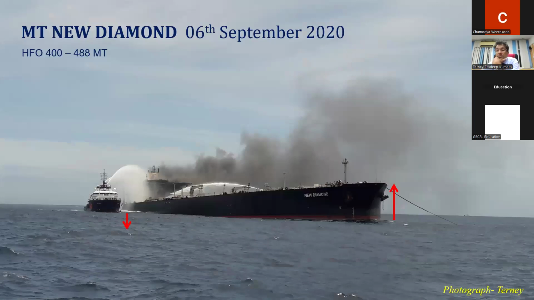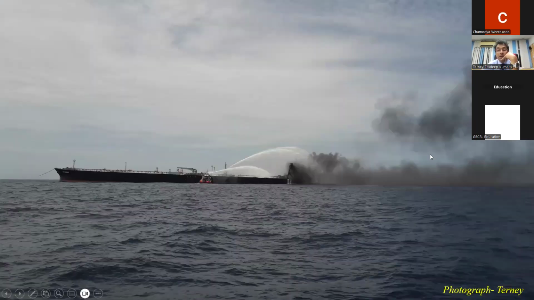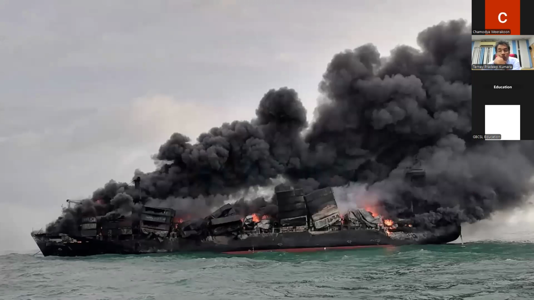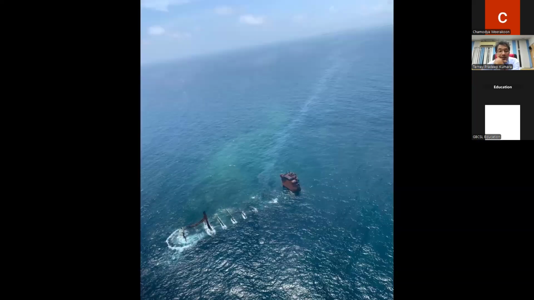And it's the well-known Express Pearl issue, and it was totally taken over by fire and ended up as a shipwreck. So you can see here the chemical plume and again the oil slick.